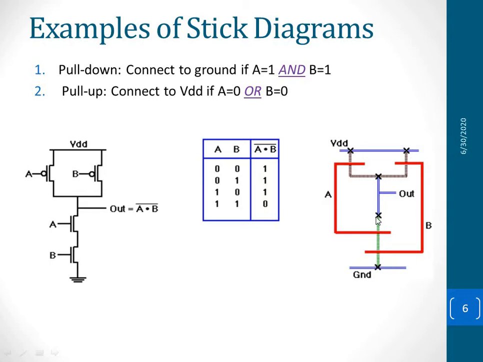Here the N diffusion is green in color and the polysilicons are placed across it. For ground and VDD we need to use the blue color, which is called metal. With the metal we give the supply VDD and ground, and wherever contacts are necessary we give the contacts using black color.